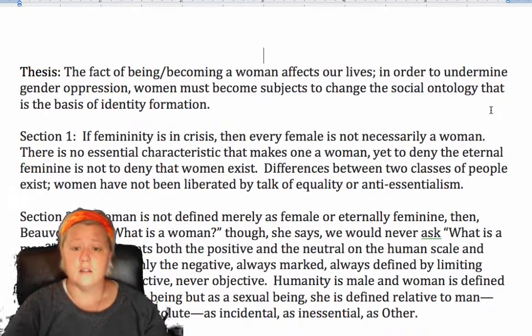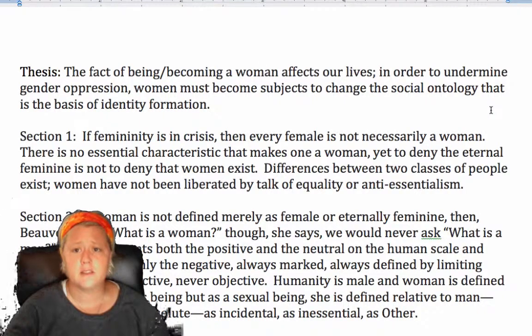Beauvoir does a lot of work in the larger text. But in this text right here, she's trying to at least get us to acknowledge that there's something about what it is to be a woman that is not natural or essential, but has to do with the way in which we are othered by men.